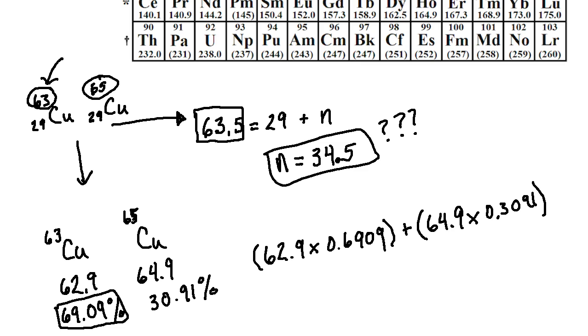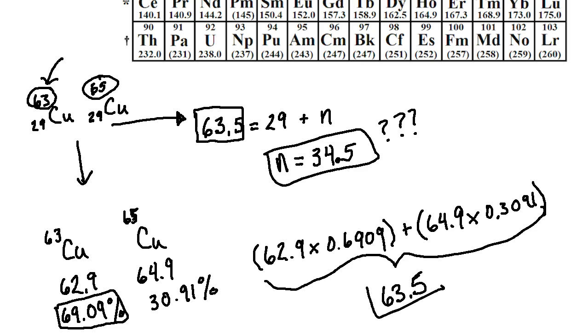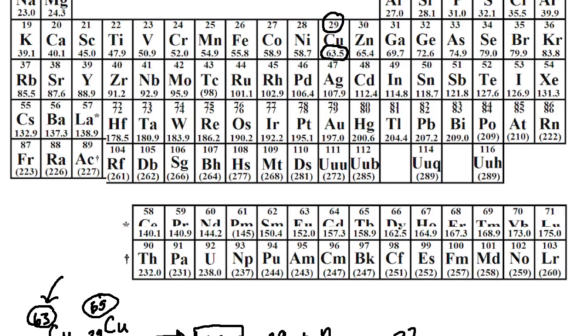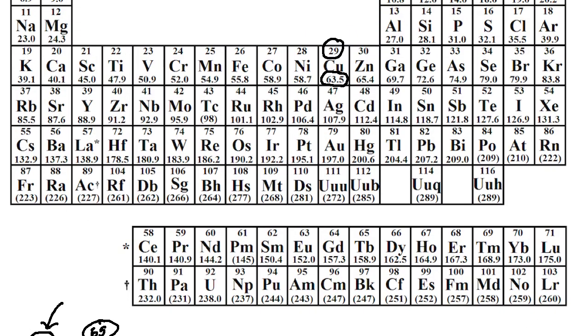Now, if you plug this into a calculator, and I encourage you to pause it for a moment and run this through, see what value you get. So go ahead and run that through a calculator. All right, so hopefully the answer you came out with was 63.5, and that is the mass that we find up on the periodic table, 63.5 for the copper.